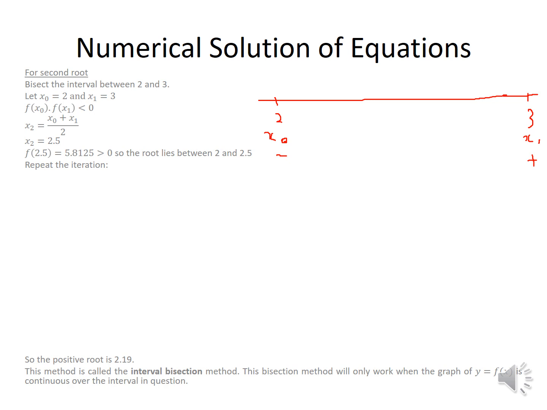So we start from x2. x2 is equal to (x0 + x1) divided by 2. So we have the value 2.5. This is x2.